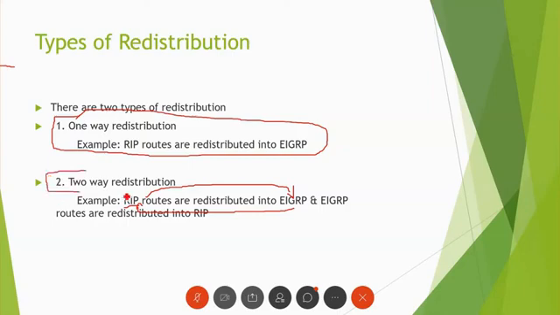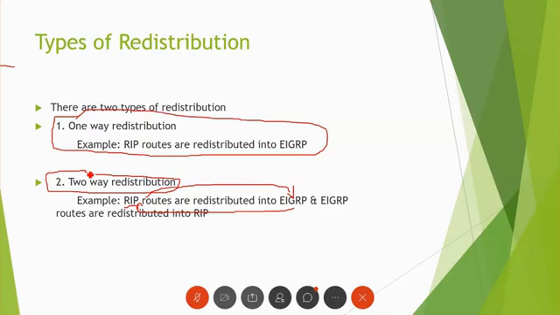Later, after you reach the US, you spend your time, whether business, personal or vacation, and when you're coming back, you change your US dollars back into Indian currency. So this is called two-way redistribution. Depending upon the need or requirement within the organization, the administrator can choose either one-way or two-way redistribution.